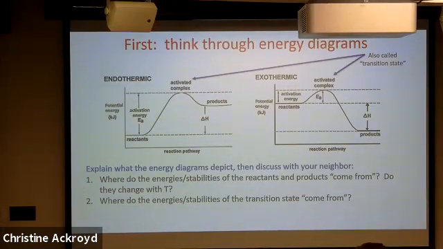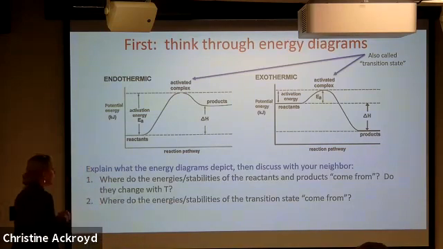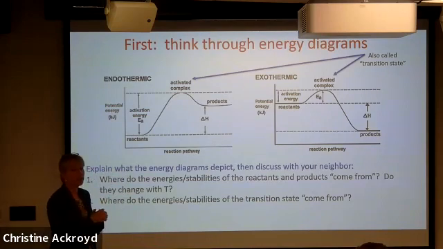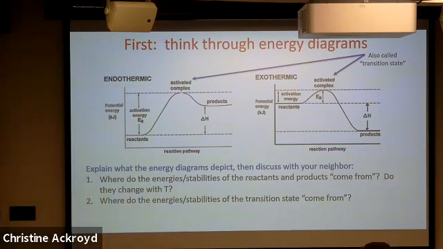In order to understand why the rate constant changes with temperature, we have to go back to the energy diagram. So turn to your neighbor and explain what the energy diagrams are, and see if you can answer these first two questions.